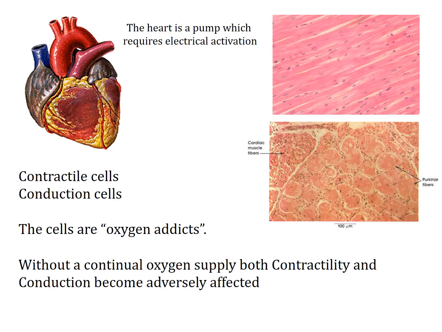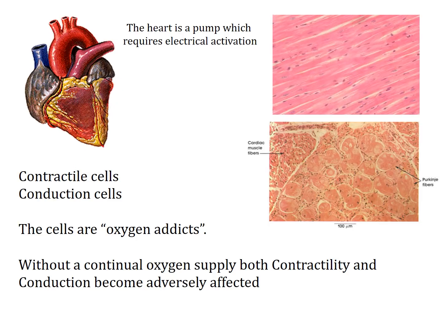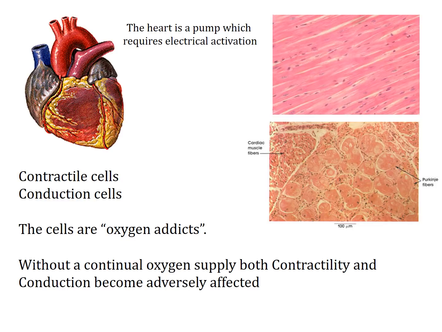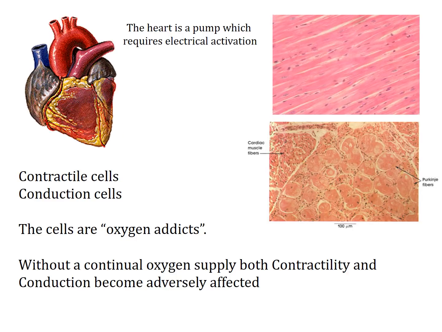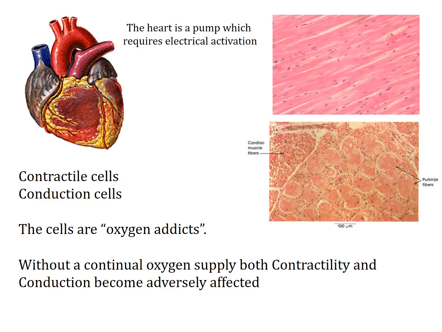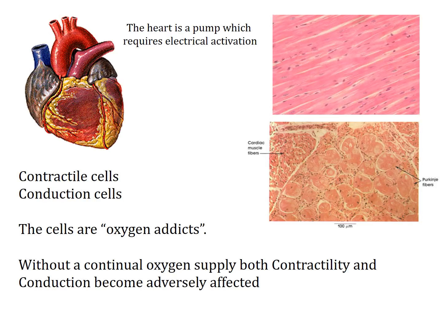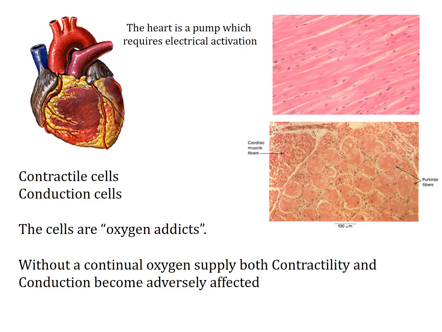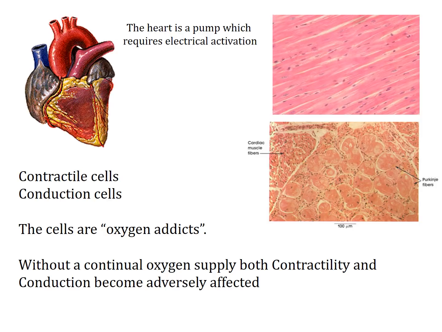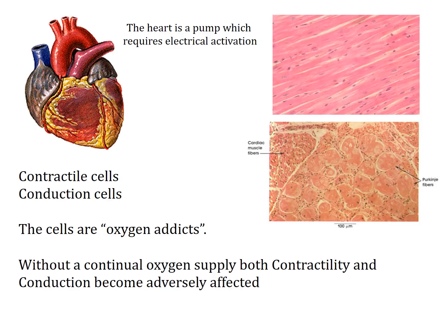So the heart is a pump. The heart is primarily composed of muscle. All muscle needs electrical activation in order to contract. So in the heart, we have both contractile cells, which make up the pump, and conducting cells, which are actually neurons, sending the electrical information to those contracting muscle cells.